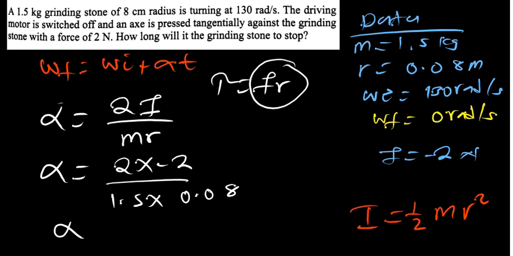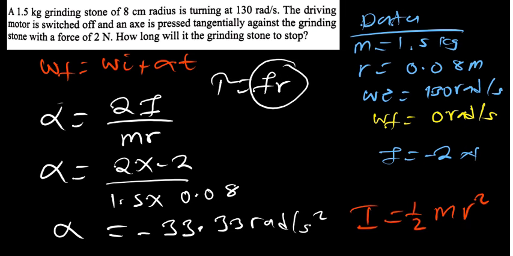So my angular acceleration will be, on top is negative 4, so negative 4 divided by 1.5 times 0.08. I'm getting my angular acceleration to be negative 33.33 rad per second squared.